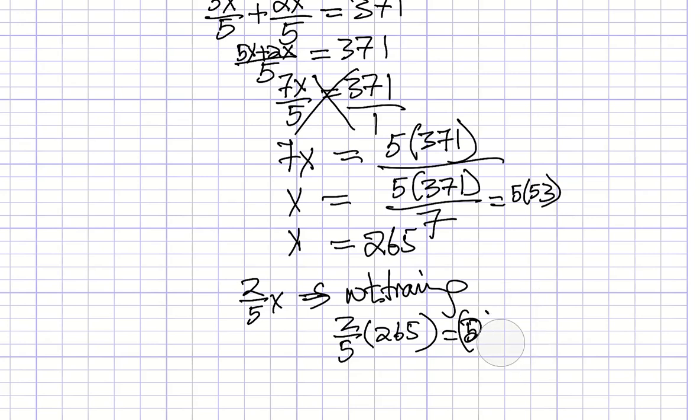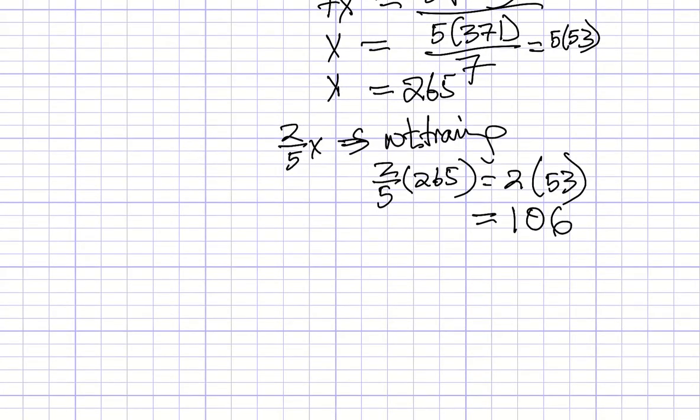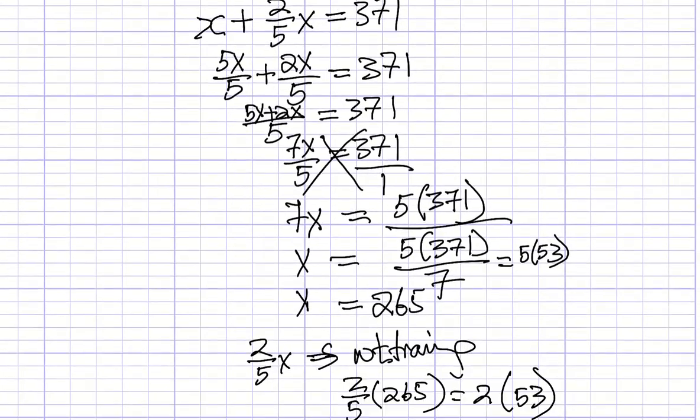I have to pay attention, because sometimes I'm thinking something else and I write something else. It's 2 times 53, okay? So you multiply that by 2, and then you get 106, okay? So that's 106.